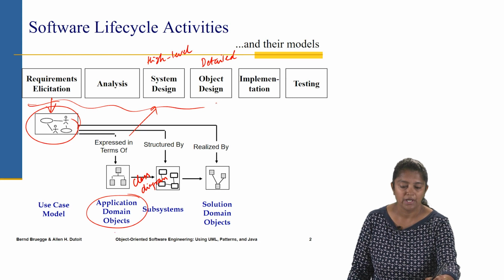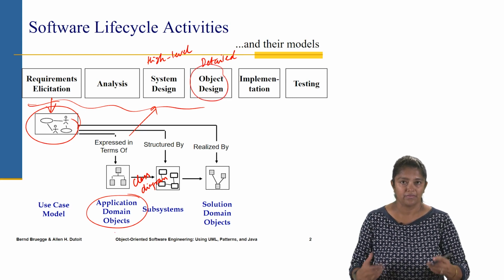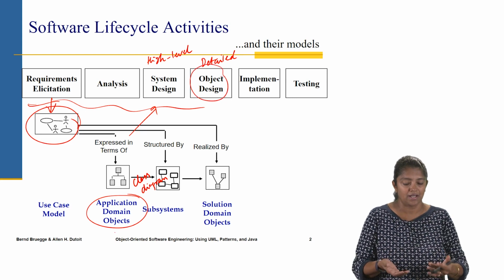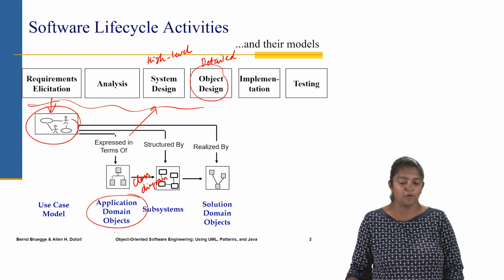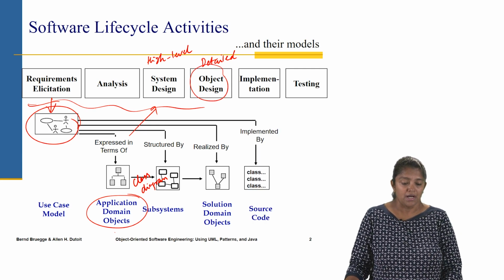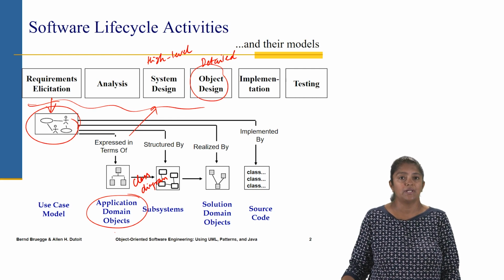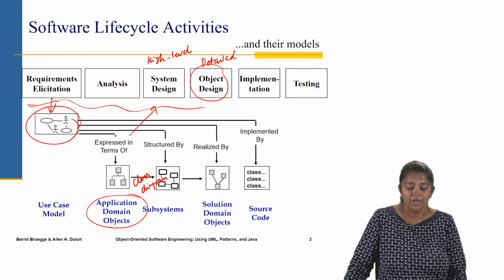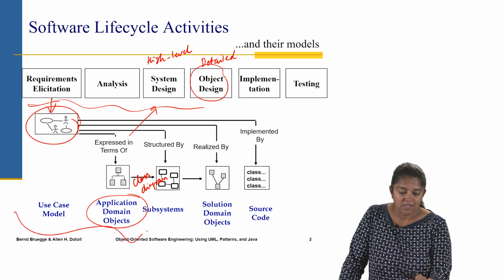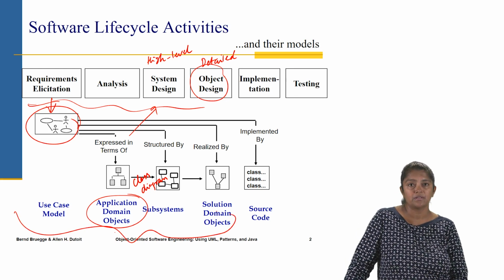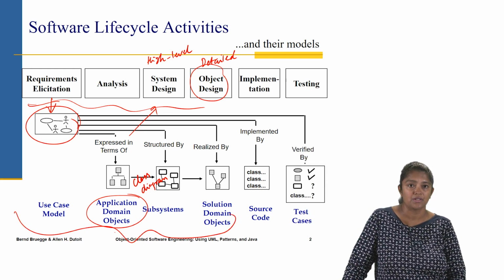That's the object design, where detailed design is realized through these solution domain objects. And then finally we get to implementation, where we're actually writing source code. As you can see, a lot is happening before we get to the source code stage.